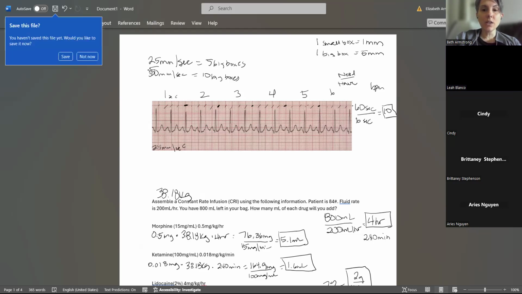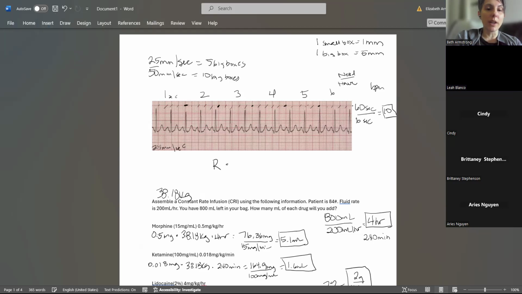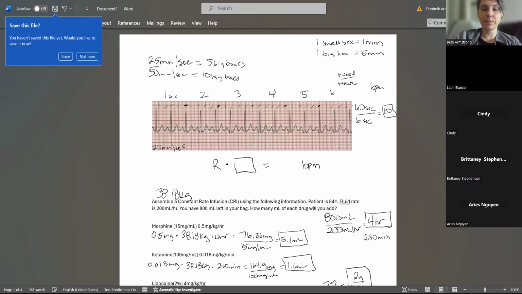All right. So what we do from here is we count our R waves, and then we put our multiplication factor in, and that gives us our beats per minute. The R waves that count have to be full, complete. I'm going to forward this to the 2 guys that I work with that are taking their VTNE, because this one's all about the math.